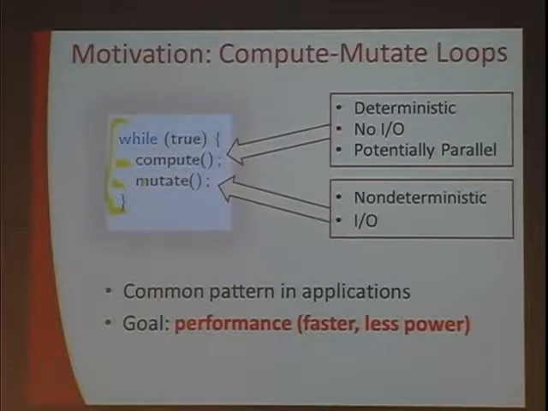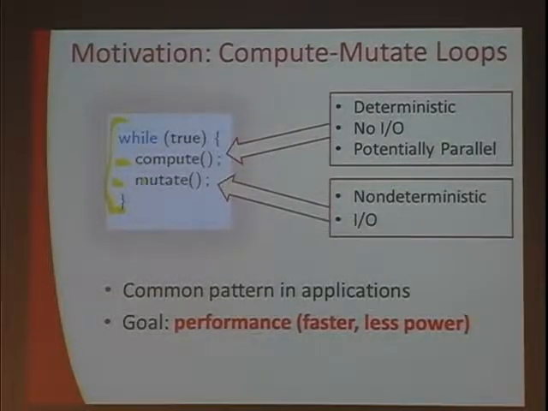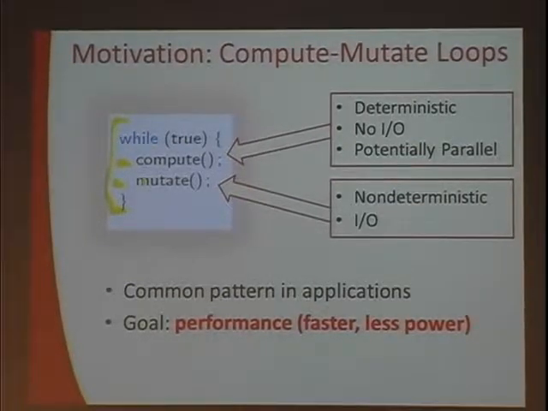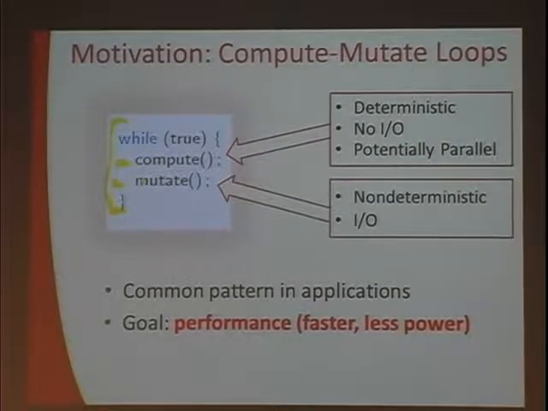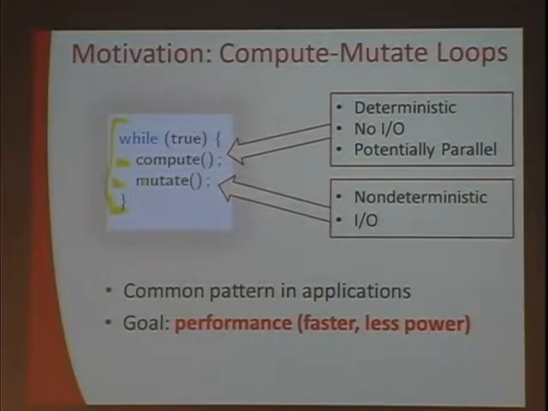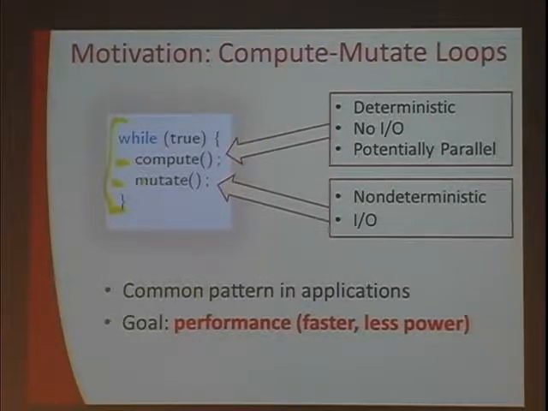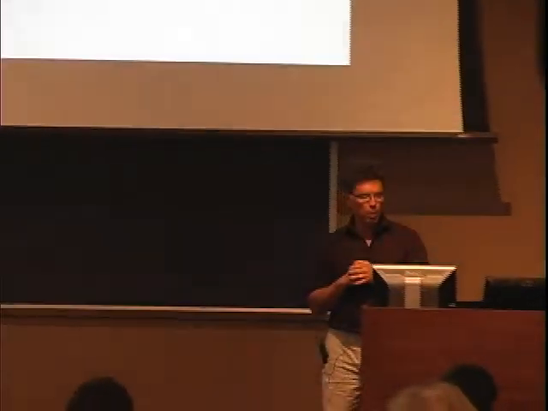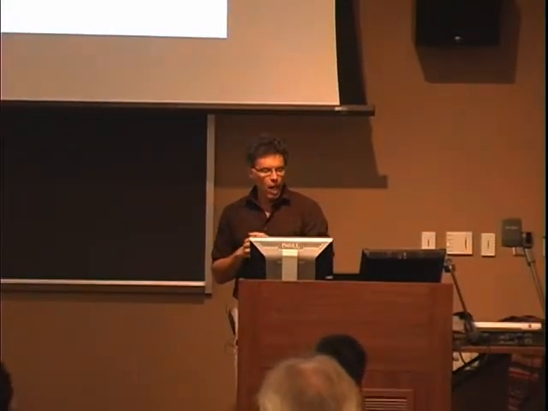Our claim is that this pattern of compute and mutate is widely found in many applications, where the compute phase is deterministic, generally CPU bound, no I/O, and potentially parallelizable. The mutate phase, on the other hand, is non-deterministic, because during mutation you're interacting with the environment, receiving network packets, user input, and doing I/O.